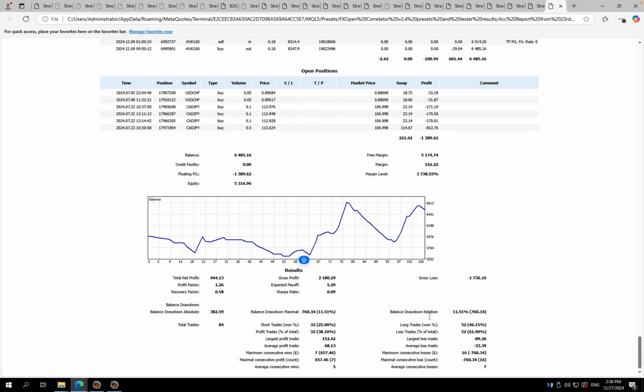The maximum drawdown has been 11%. That's from the highest balance to the lowest low thereafter, whether that be equity or in this case balance. So that's why the balance is always different to the equity drawdown. So in this case, it's been 11.51 for the balance drawdown.